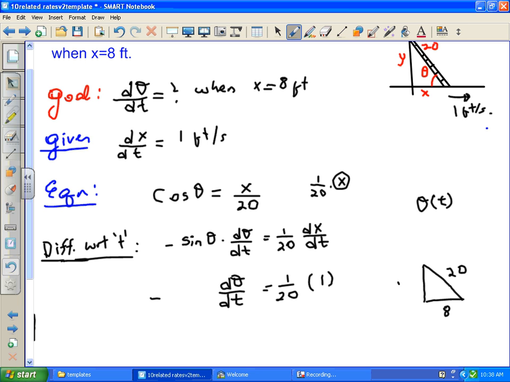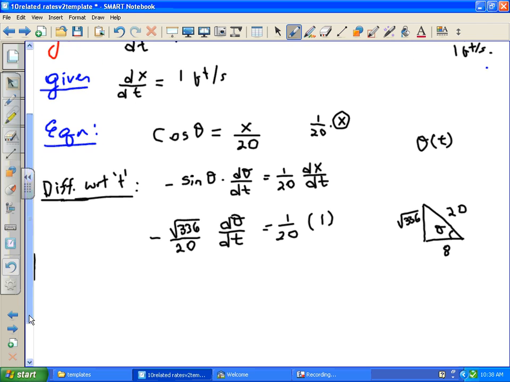So we already got that in the last step, root 336. So I need to know sine of this angle theta. So what should I have? Exactly, opposite over hypotenuse, which is root 336 divided by 20.